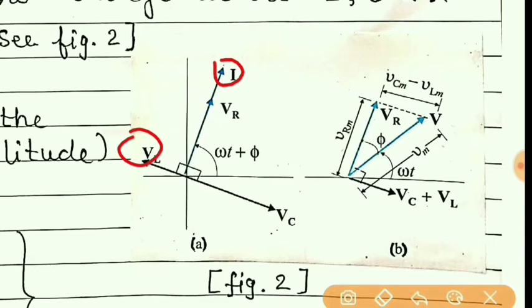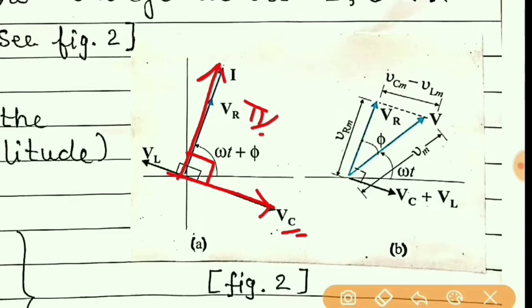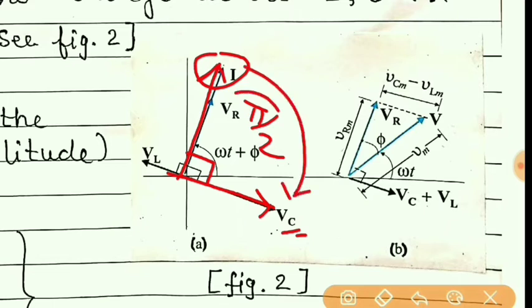Then in our third lecture, we studied the circuit consisting only of a capacitor. In that we studied that the current phasor and voltage phasor once again make an angle of 90 degrees, that is pi by 2. But in this case, current leads the voltage by pi by 2.